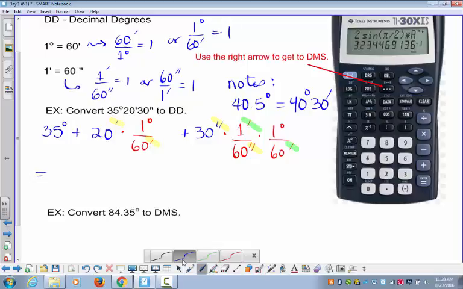If you want, you can say a 10 will cancel with one of those, or that 30 goes into 60 twice, giving 1 divided by 120, something equivalent. You end up with, to the nearest hundredth, 35.34 degrees. That is our decimal degree equivalent.